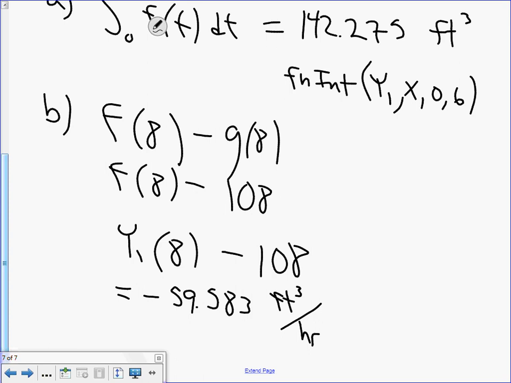So we have to write a piecewise function for the total amount of snow that she's removed. We have the rate at which she's removing snow as a piecewise function, but we want to come up with a piecewise function for the total amount at any time.